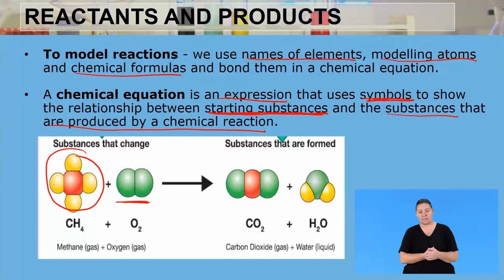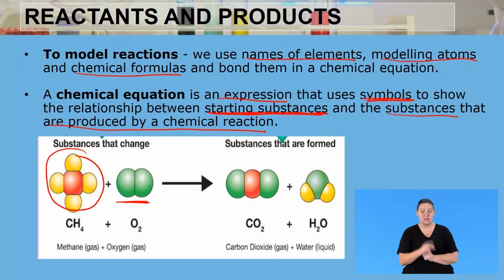The two oxygen atoms are chemically bonded together to form the oxygen molecule, which is a diatomic molecule. The bonds within CH4 and within O2 are going to break, and once they break, it allows for the rearrangement of the atoms.